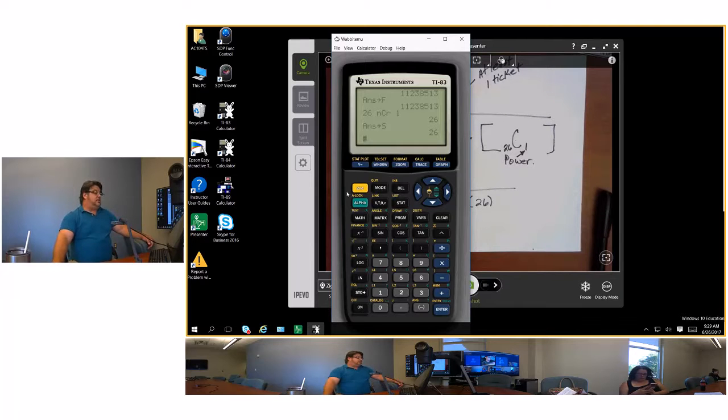So in my calculator, I'm going to do 1 divided by parentheses alpha F for the first number times alpha S. Close parentheses, and I'm going to put another parenthesis right there because I got to differentiate the denominator from the numerator.